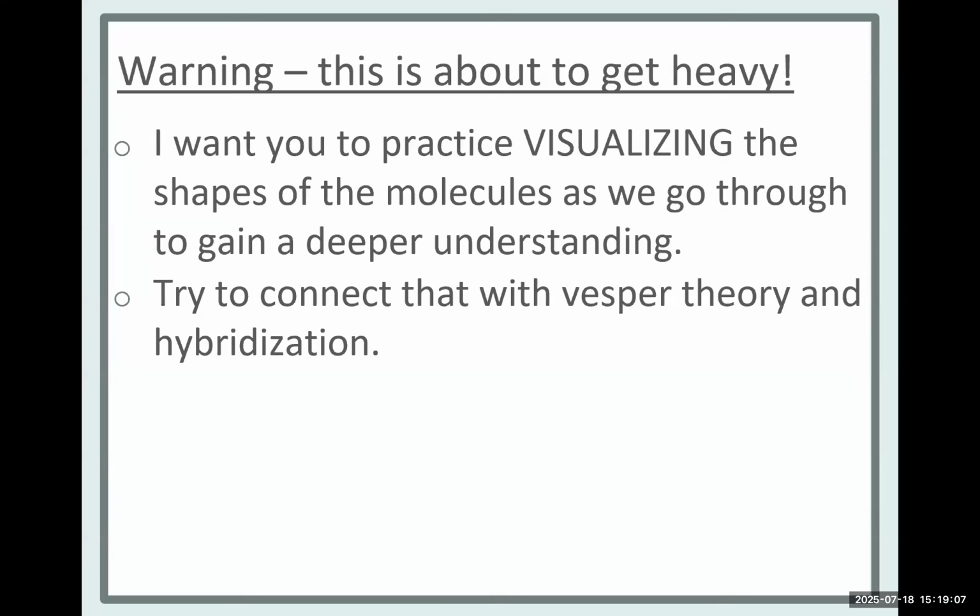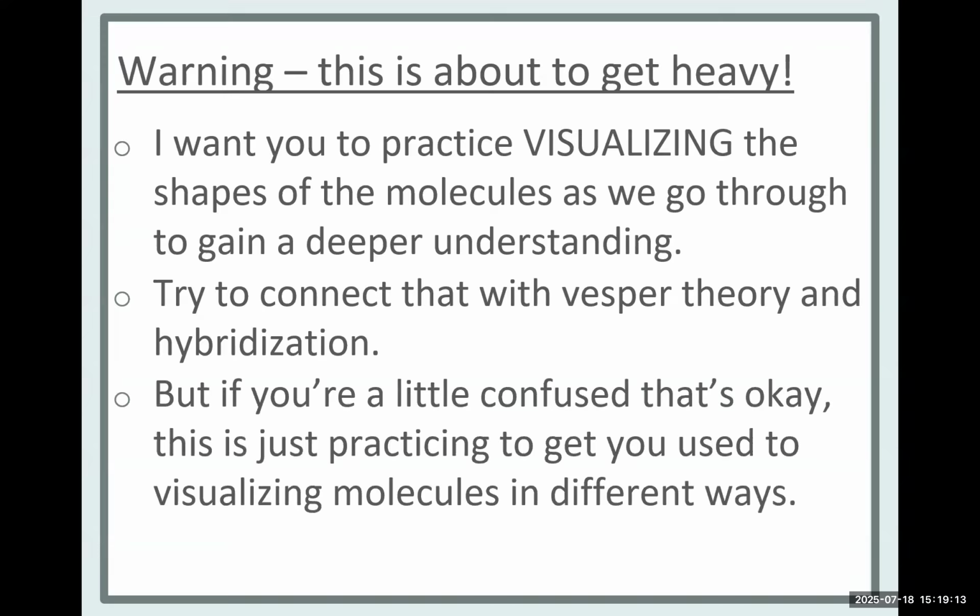I'm going to have you try to connect that with VSEPR theory and hybridization, and I will review VSEPR theory in just a minute. But if you're a little confused, that's okay. You're just practicing, trying to get used to visualizing molecules in a different way. This probably isn't something you've done a ton before, but we are going to do that together.